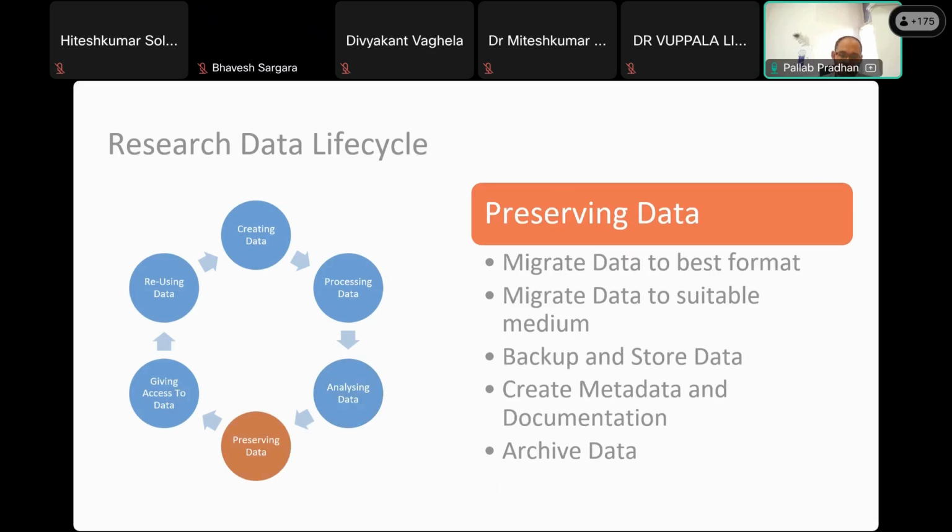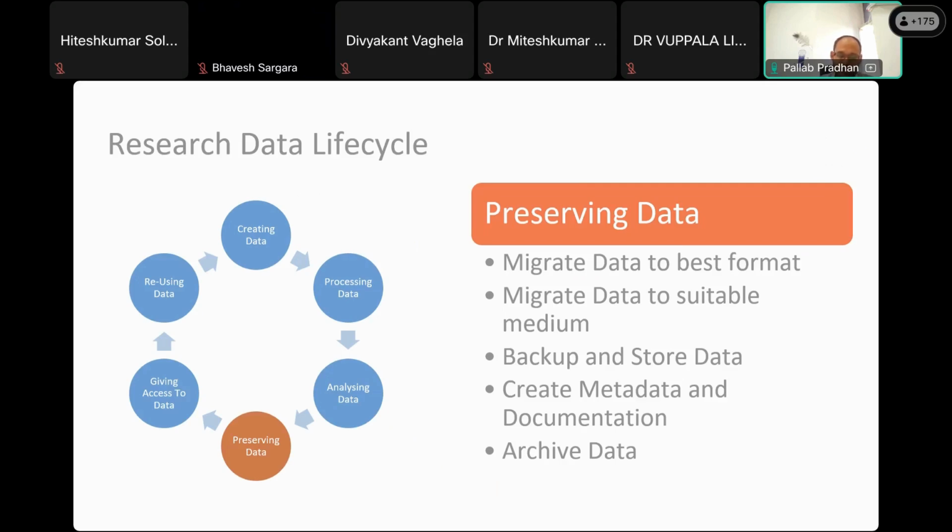At this stage, the data should be prepared for preservation. Preserving means we have to migrate the data to the most suitable format. Let's say three or four decades ago, somebody created data in a different database, and now you want to process it, but tools are not available for that kind of data.